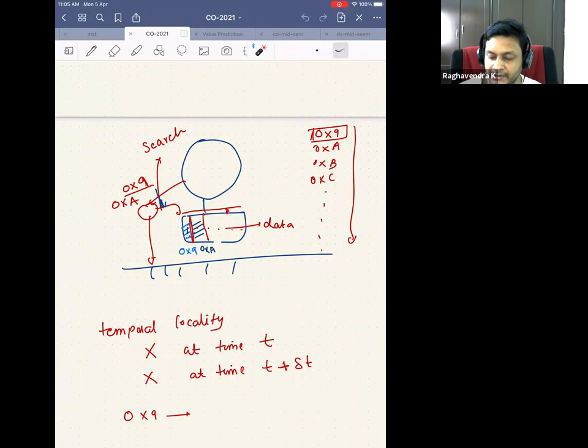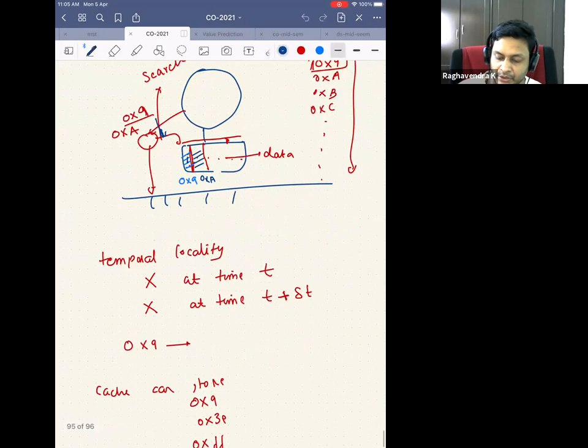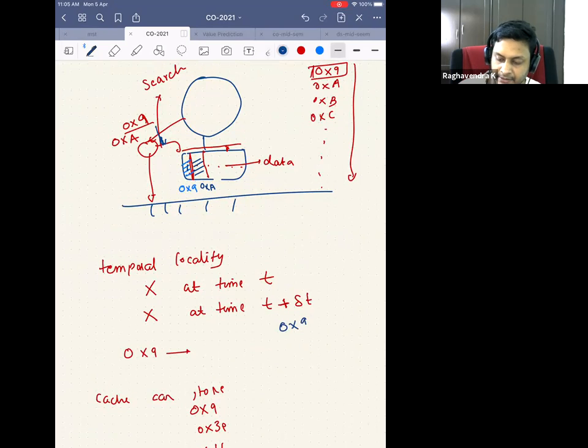What does temporal locality say? If I access address X at time t, there is a very high probability that I will access the same address X at time t plus delta t. So if I accessed address 0x9 at, say, the 100th cycle, there is a very high probability that I will access 0x9 again at, say, the 110th cycle.